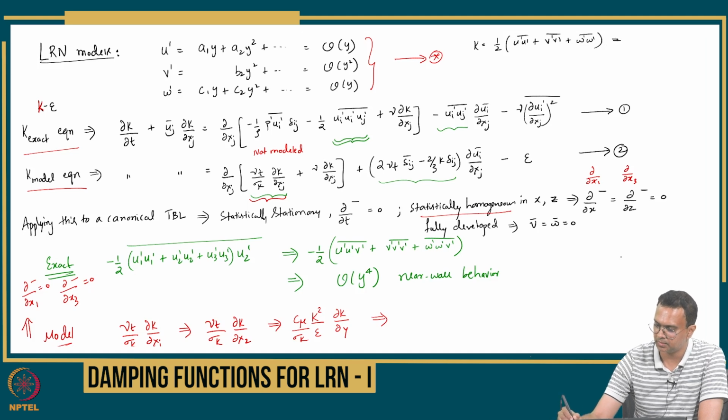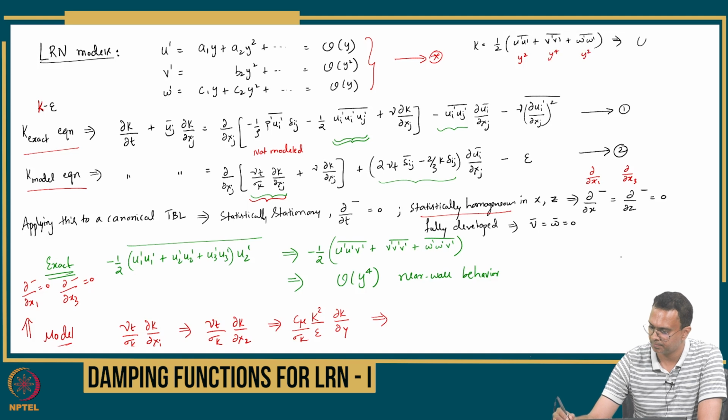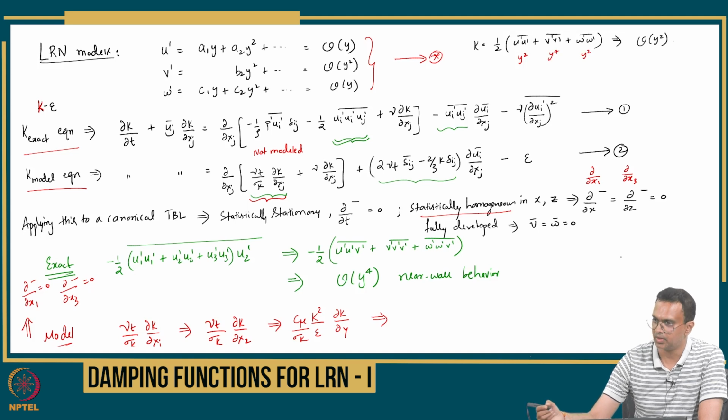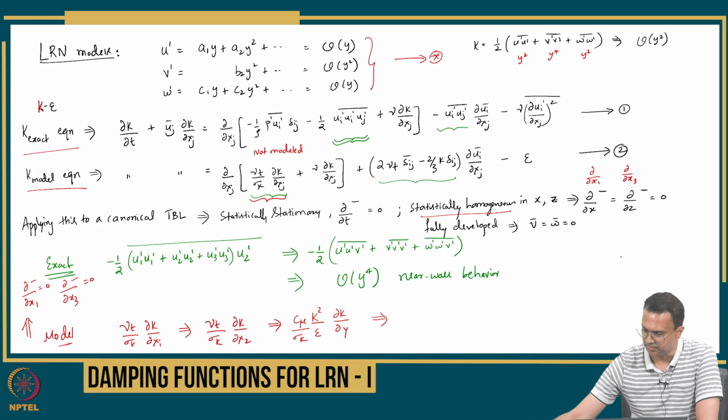So, I get here order of magnitude of y square, because this will be y square, this will give y raised to 4, and this is y square. So, to first order, this gives me only y square behavior. Okay, fine. So, now k is done.